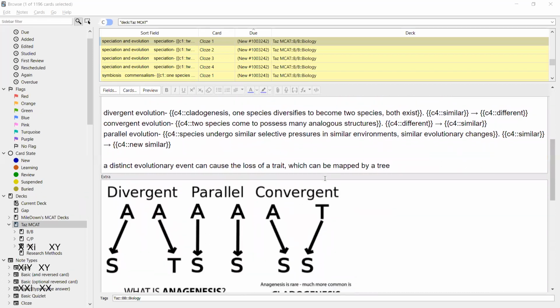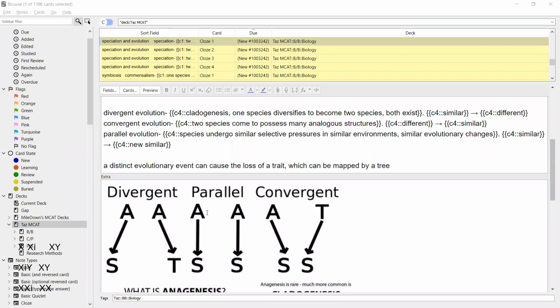So in divergent evolution, we start with one species and it diversifies into two species, right? Here we have two A's, like you can think of it as two different populations of the same species. One population of A became S, one population of A became T. Okay.